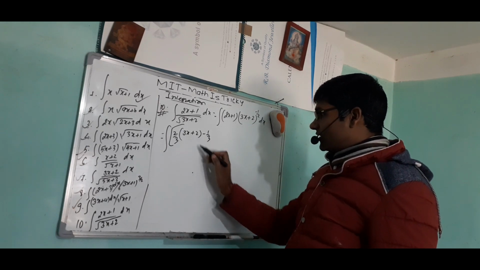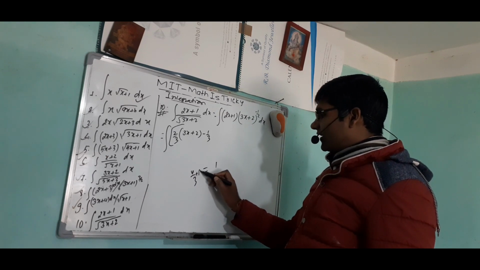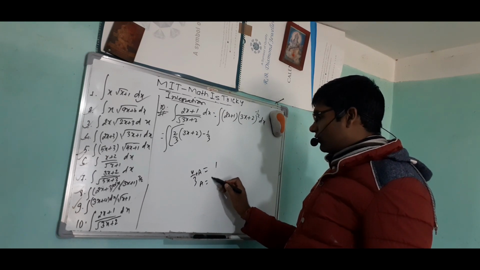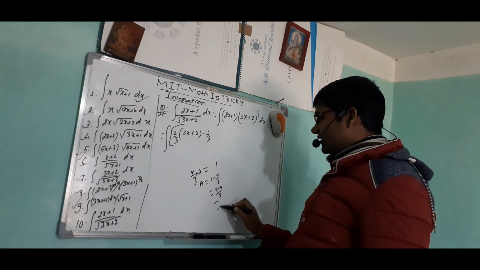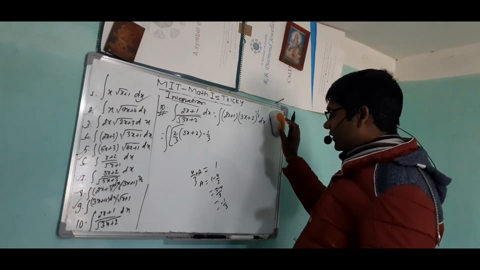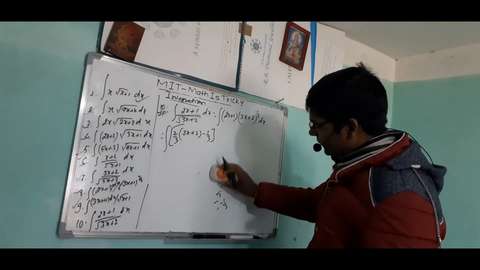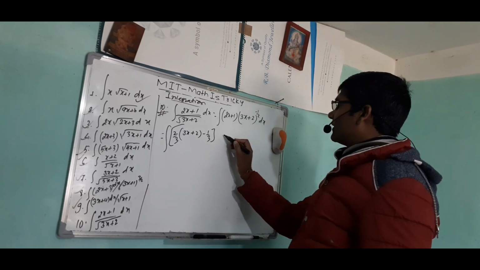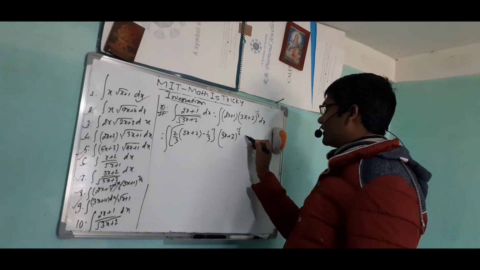By multiplication we get 4 by 3, but we need 1, so what should be added there, a. So a equals 1 minus 4 by 3, which is 3 minus 4 by 3, answer is minus 1 by 3. Okay, and then that can be done easily. So now we have the answer, (3x plus 2) times power minus 1 by 2 dx.